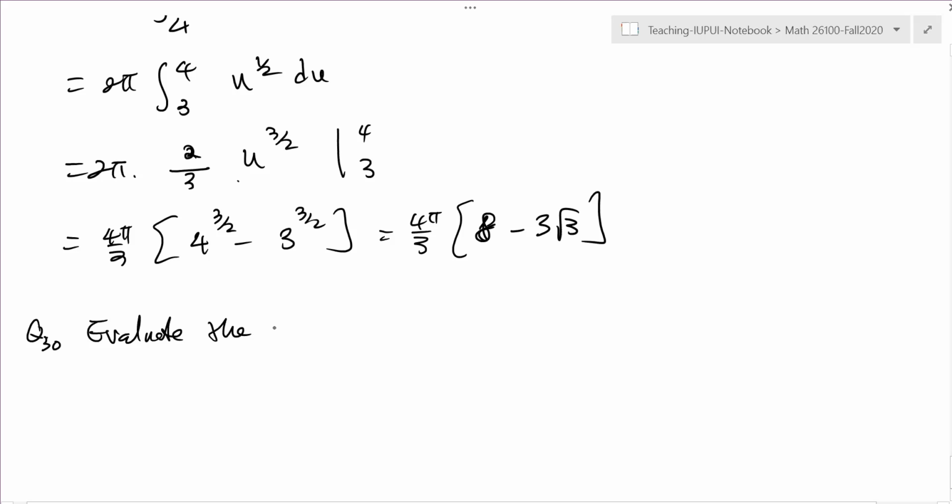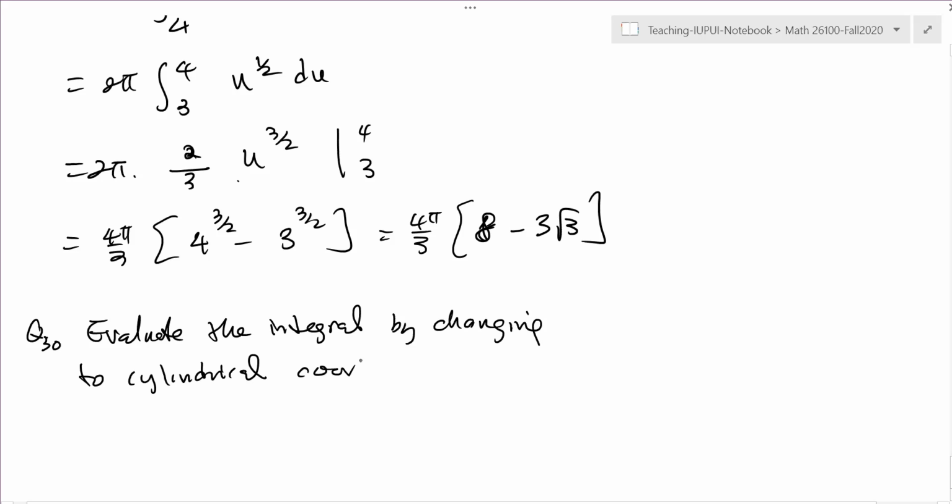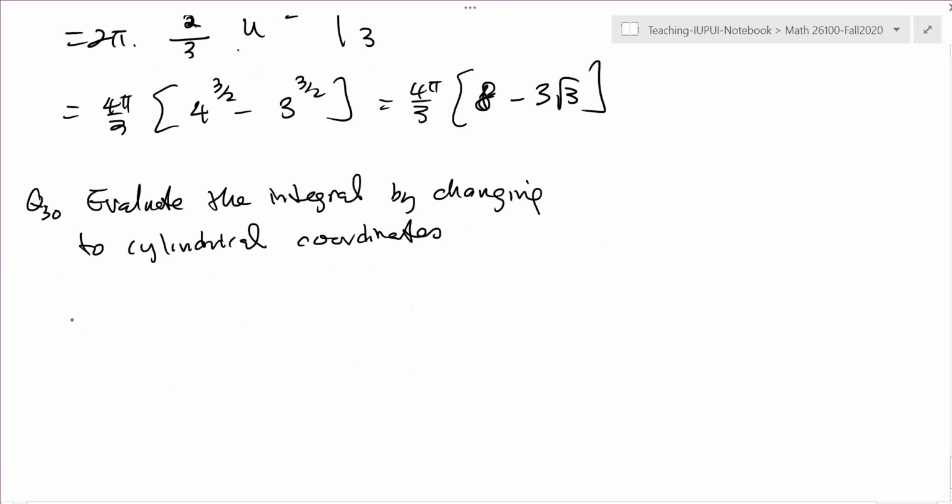So evaluate the integral by changing to cylindrical coordinates. So you already have the iterated integral.